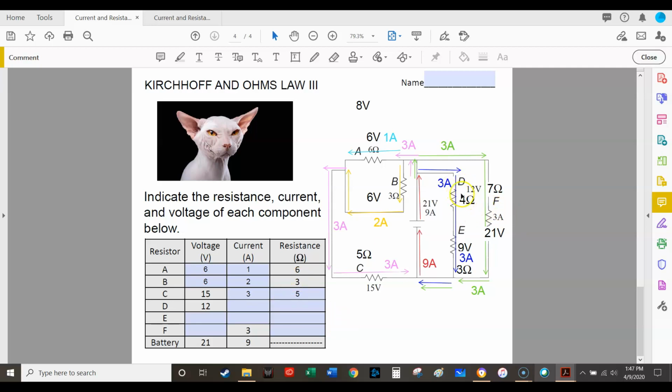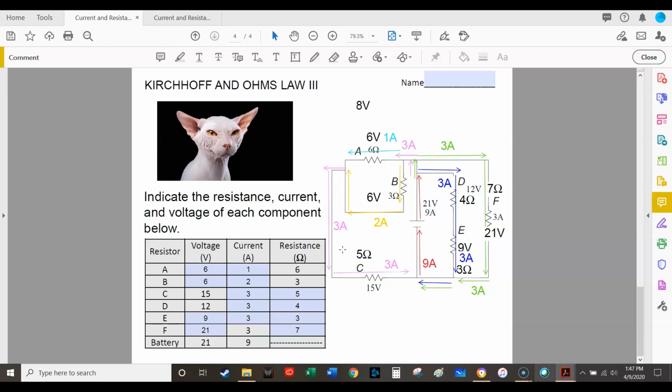D, where's D? D is right here. D is going to be 12 volts, 3 amps, 4 ohms. E, right here, is going to be 9 volts, 3 amps, and 3 ohms. F is going to be 21 volts, 3 amps, 7 ohms. And that is all of the practice.